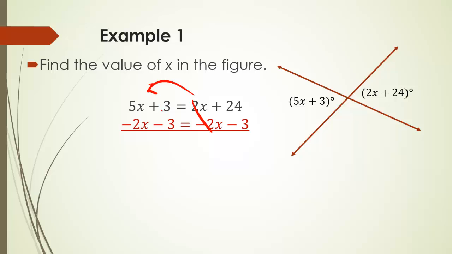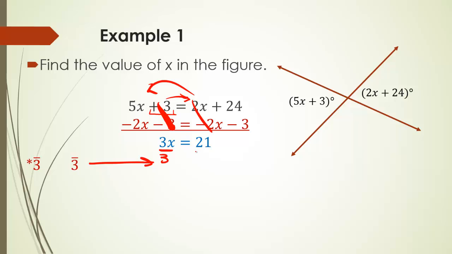Over here, since we moved our variables over to this side, we need to move our constants over to that side. Since we have a positive 3, we subtract 3 from both sides because that'll cancel out. That leaves us with 3x = 21. Then, to get x, you just divide both sides by 3. I don't know why that's over there. This should actually be over here.